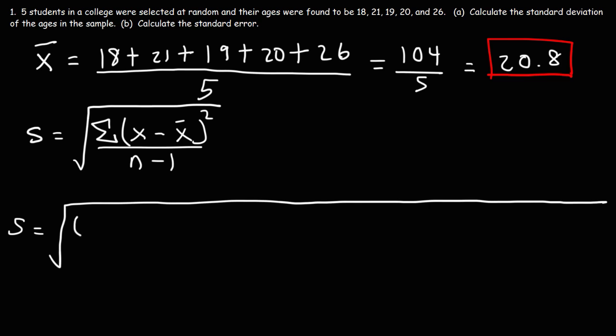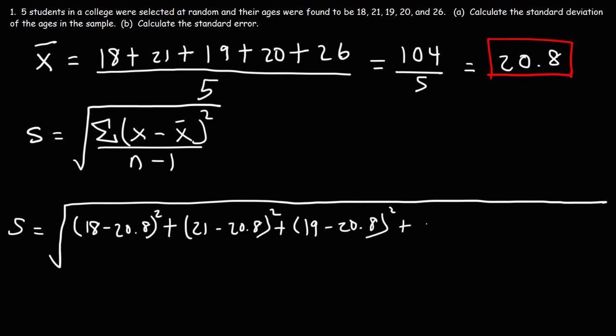So the first X value that we have is 18. We're going to subtract it from X bar, the mean, which is 20.8. And then we're going to take the square of that result. Now let's move on to the second observation. The second age was 21. Subtract it from the mean and then square the result. And then repeat the process for the other ages as well.